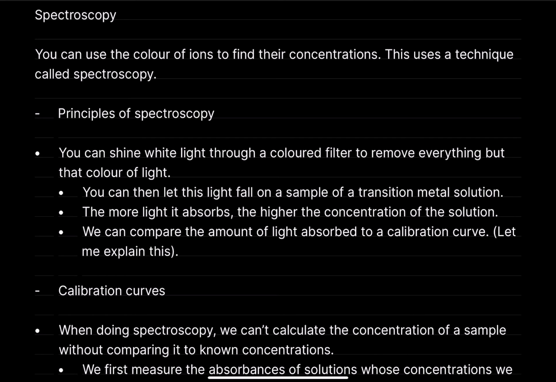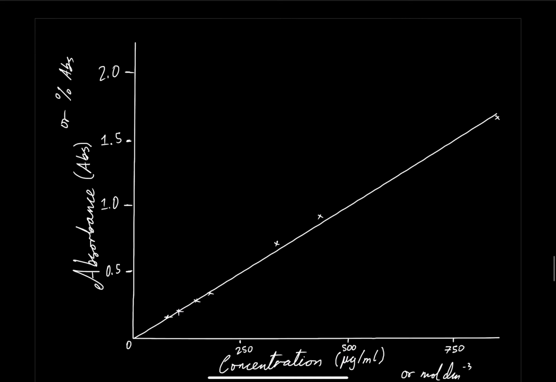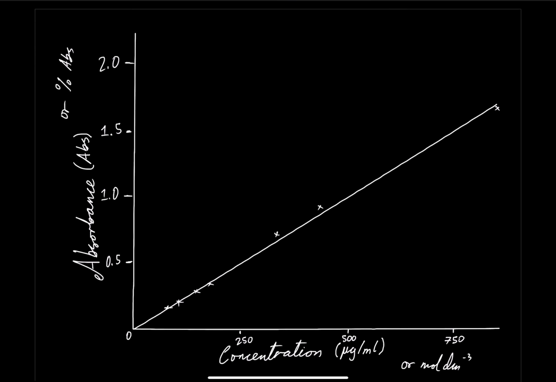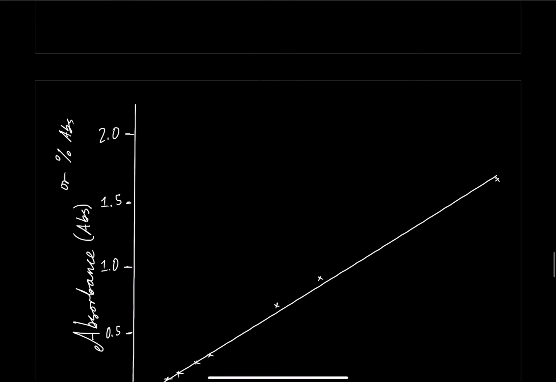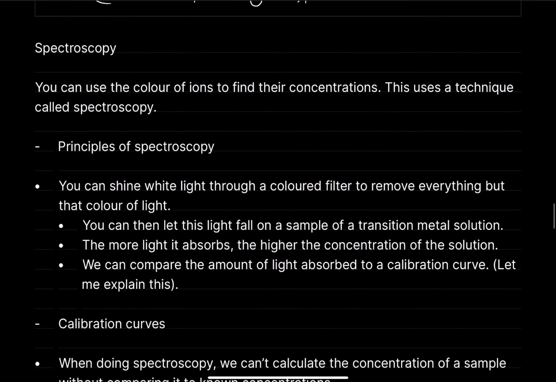What we're trying to do is create this really good graph. I'll show you the graph later on here. We need to create this graph because, as you can see, this is a very nice, neat graph, and it's directly proportional, and we can use that information. We can use that graph to help us work out the unknown concentration of a sample using the absorbance of light.